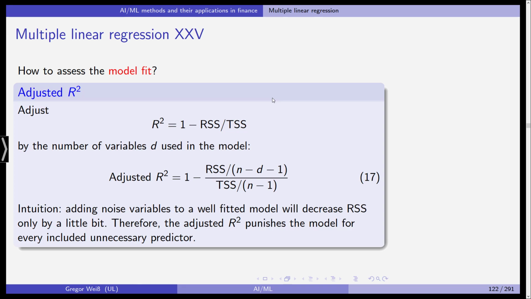It can only increase, it will never decrease, so that at some point we'll include unnecessary predictors, predictors that are irrelevant, and this will reduce the model fit in the sense that we get overfitting. We have a better fit on paper, but we're including unnecessary complexity in our model.